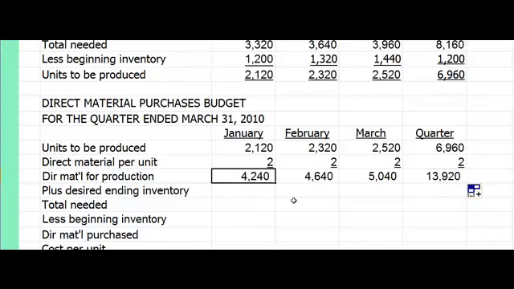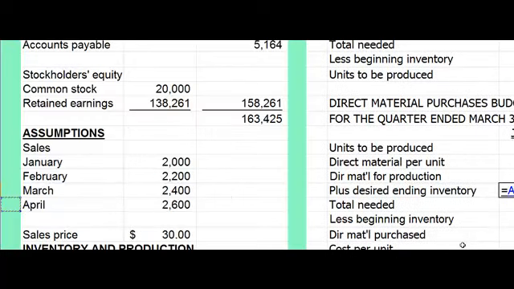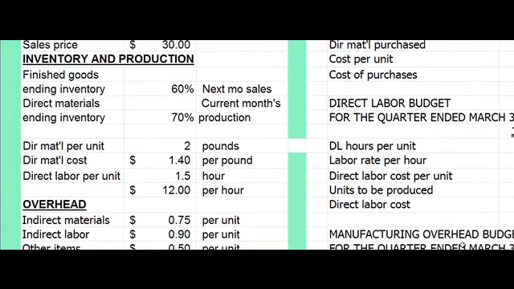Now, going back to January, where we said we needed 4,240 pounds, we also have to prepare for ending inventory. We have to purchase enough so that we have ending inventory to start production for the month of February. And that comes from our assumptions. I'm going to put in an equal sign, go back over to our inventory and production assumptions, and it says direct materials ending inventory should be 70% of production.